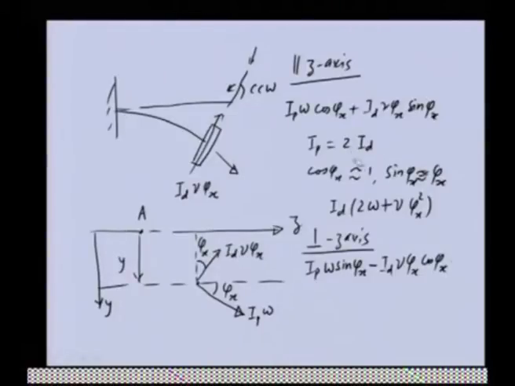Again, if we apply this simplification of the angle and substitute Ip equal to twice Id, this can be written as Id phi x (2 omega minus nu). So this is one equation, this is another. These are the angular momenta which are acting along the direction of the z axis and perpendicular to it. So now let us see these vectors separately.